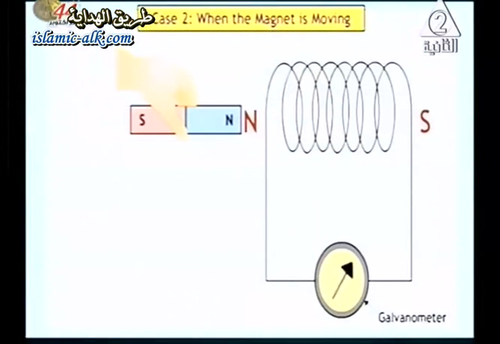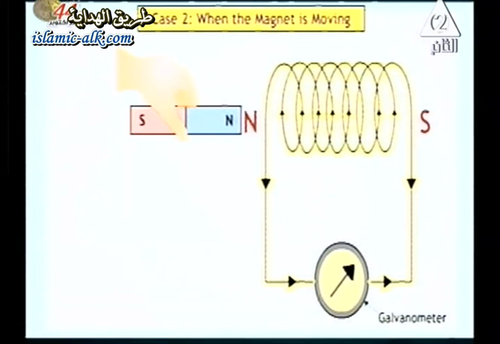Here in front of you we've got a coil of many turns connected to a center zero galvanometer. A magnet is plunged into the coil with the north pole facing the coil. When the north pole of a magnet is pushed into the coil, the induced current in the coil flows in a direction such as to produce a north pole at the end of the coil facing the north pole of the magnet.